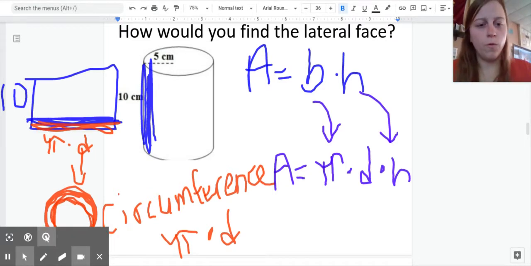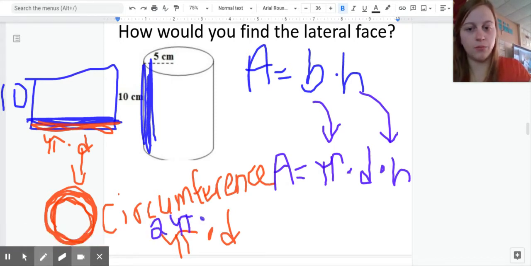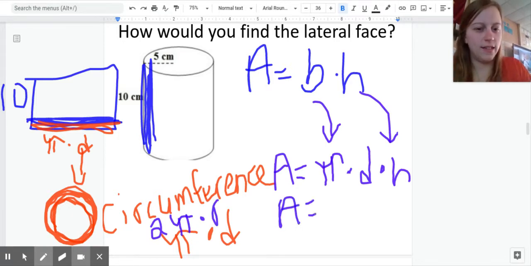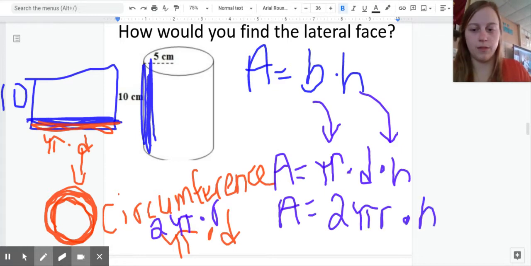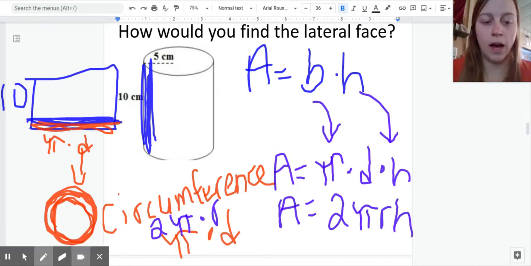Or, remember, circumference can also be found by saying 2 times pi times radius. So another way to write that is 2 times pi times radius times height. Instead of the multiplication symbol, I'm just going to write height next to it because we know that that means multiplication as well. So again, to find that rectangle, we do 2 times pi times radius times height.